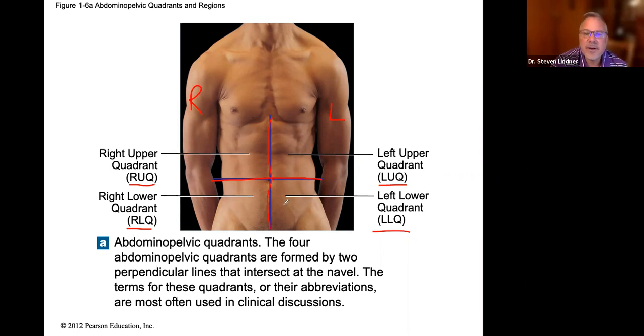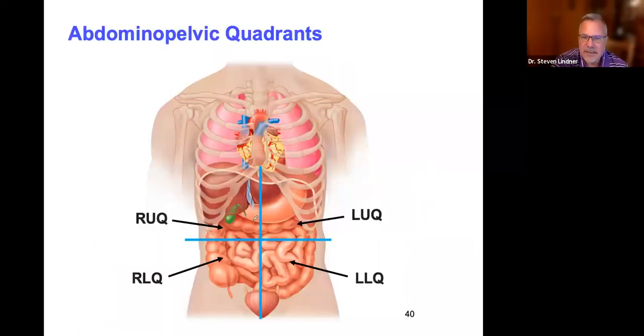Why is it important to understand these quadrants? It's because in healthcare, whether you're in a hospital, a nurse, a doctor, if someone has pain right here, they'll indicate on the paperwork that the patient had stabbing pain in the right lower quadrant. And then you'd have to go back to your anatomy days and ask, what organs do we have in that right lower quadrant?